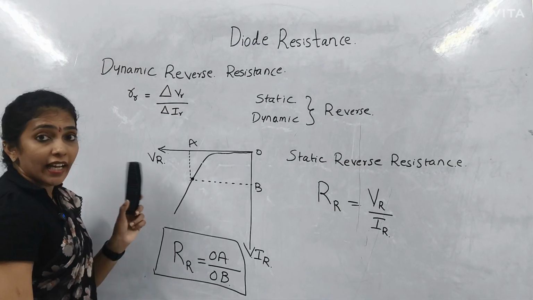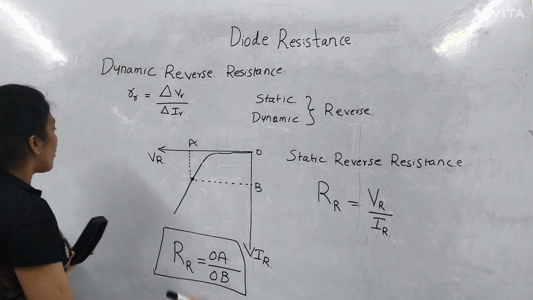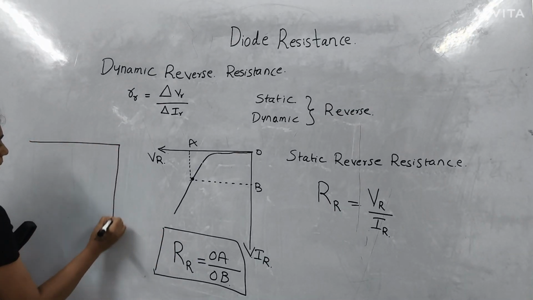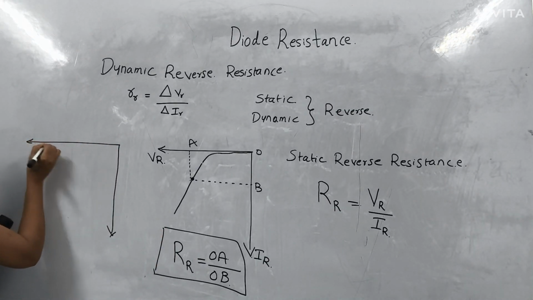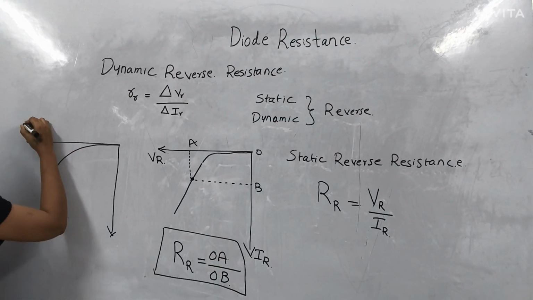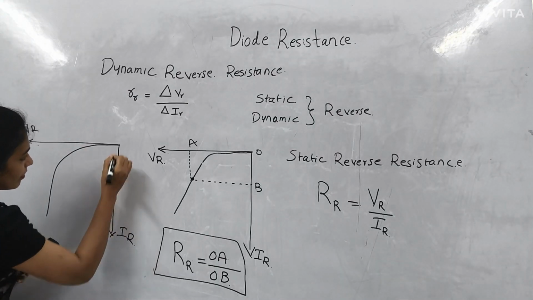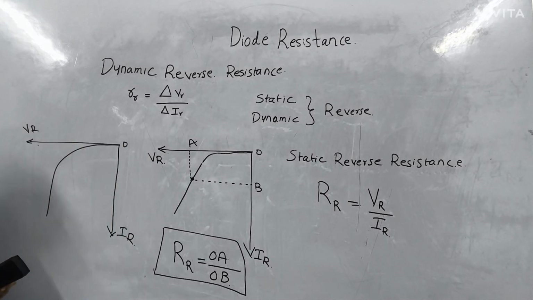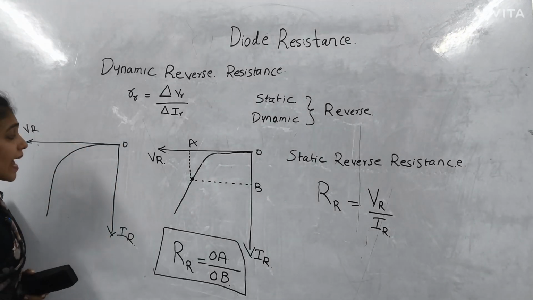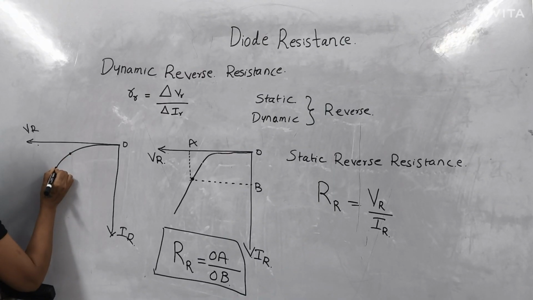But we need to calculate the dynamic resistance from the graph. What type of graph? The reverse characteristic, with VR and IR axes and origin 0.